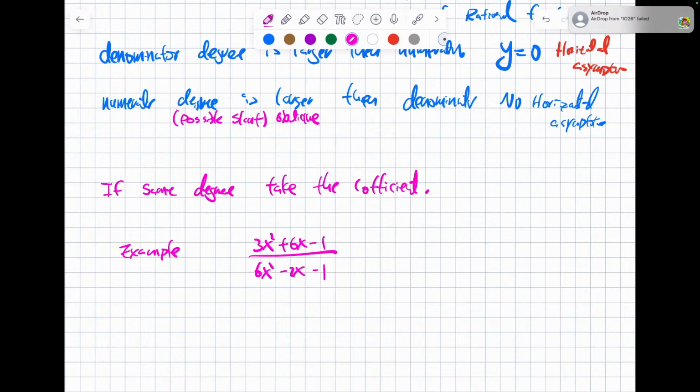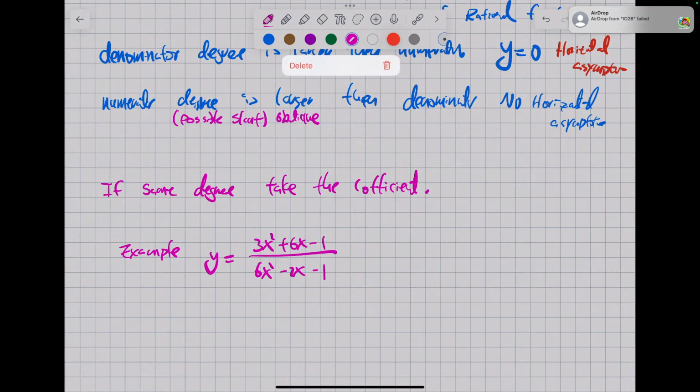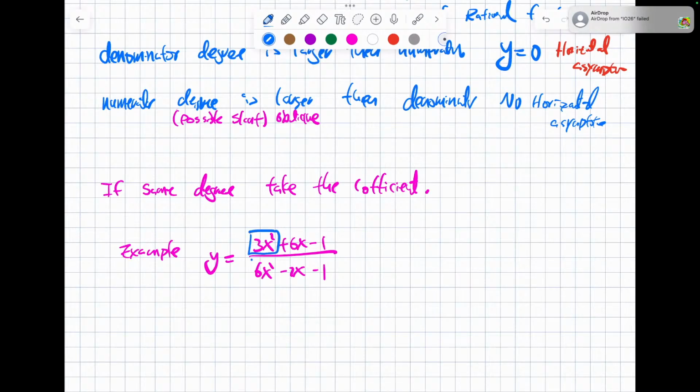The highest degrees are what we compare. They are the same degree, so the horizontal asymptote is just the coefficients, 3 over 6, which is 1/2.